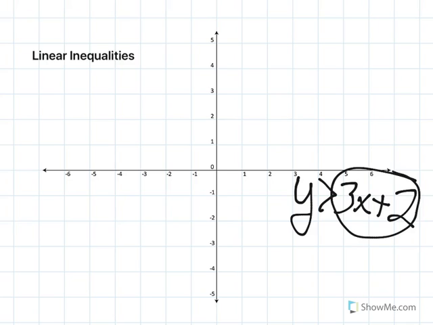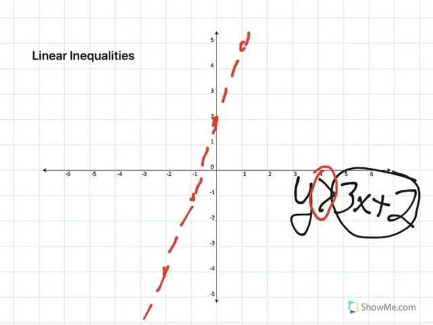So the y-intercept is still at 2, the slope is still 3, except in this case, because it's an inequality, it's greater than, I have to put a dashed line. That means y can't be equal to 3x plus 2, so it can't be on that line. So we make that line dashed.